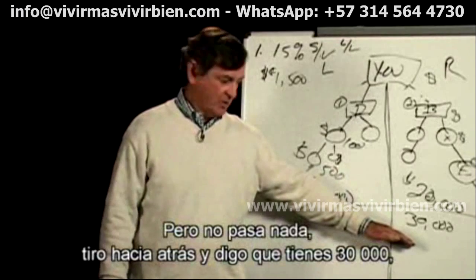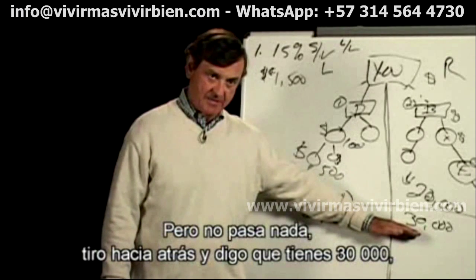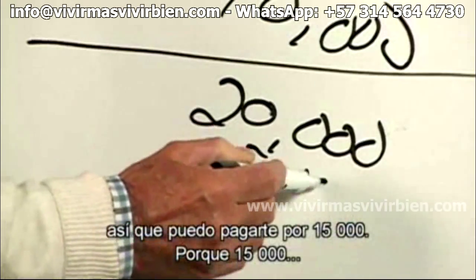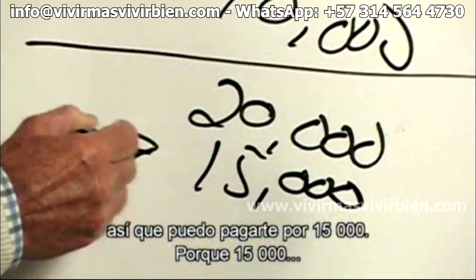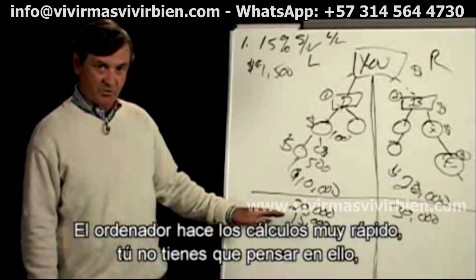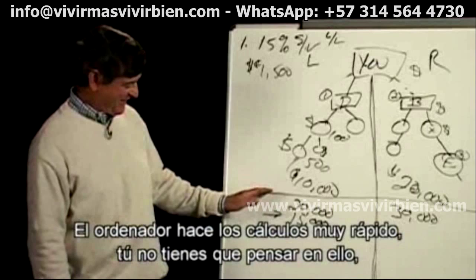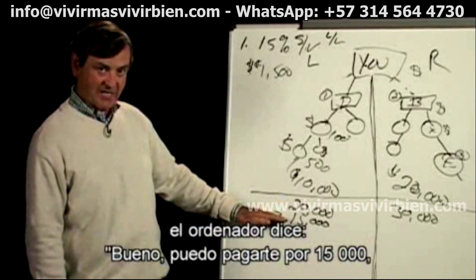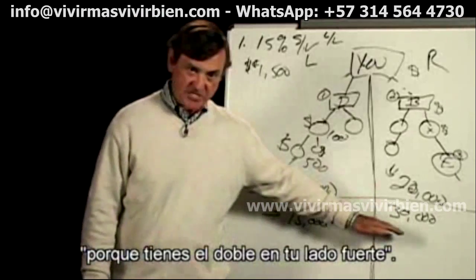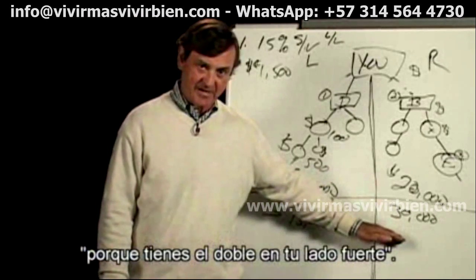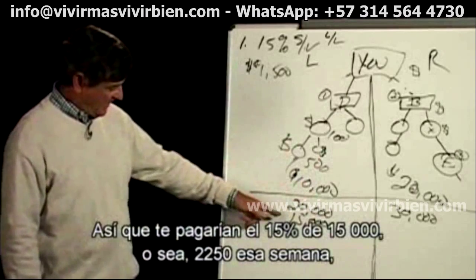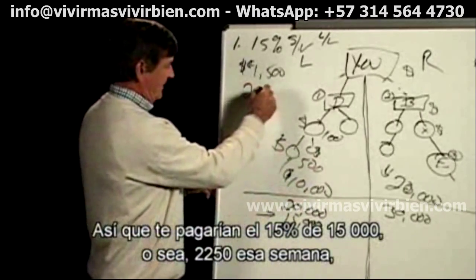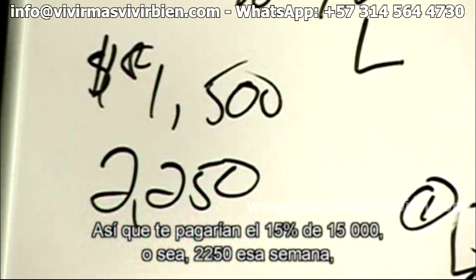But that's okay, it just works backwards and says, well, you've got 30, so I can pay you on 15,000, right? Because 15,000, now the computer does this pretty fast, you don't have to think about it. The computer says, okay, well, 15,000 is a number I can pay you on because you've got twice as much in the strong leg, all right? So you would be paid 15% of 15,000 or $2,250 for the week.